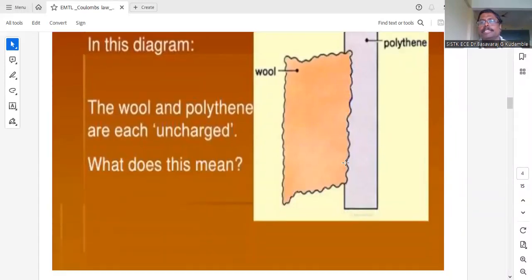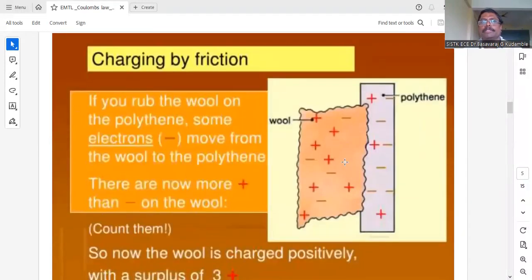And let us see, once they rub wool on the polythene, some electrons move from the wool to the polythene. There are now more positive than negative on the wool. So now wool is charged positively.